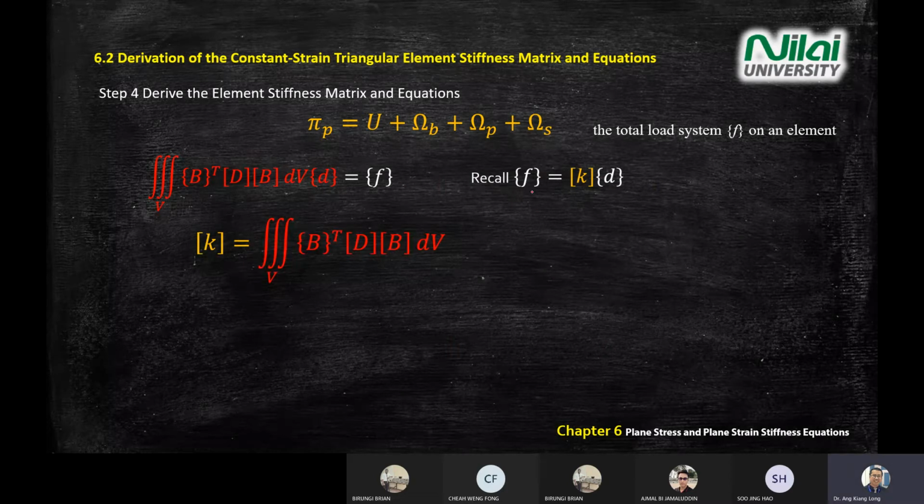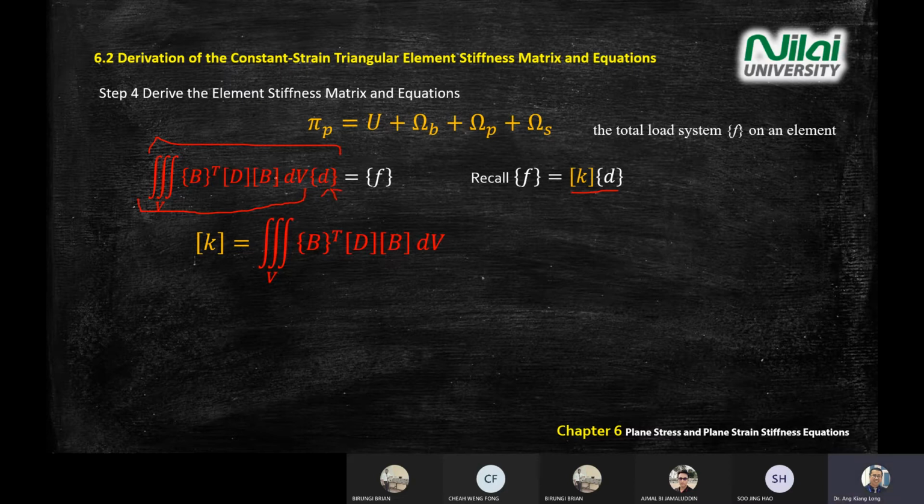Previously, since chapter 1, we always mention F equal to KD. So if you compare this form and this whole form, F equal to KD, if you compare the orange color and this formula, this is your K. Because F equal to KD, you have your D already.